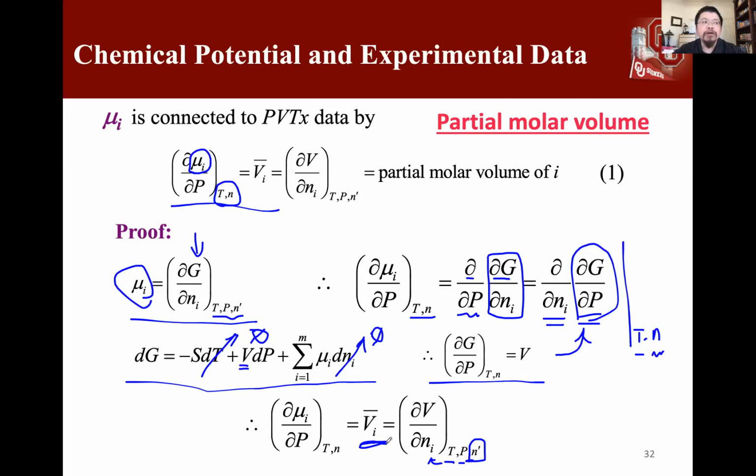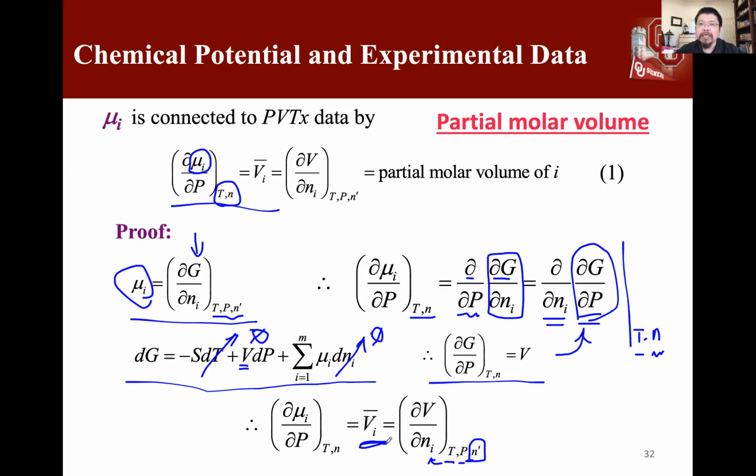So what's the point of having this volume equation? Well, it is quite significant because now if I want to measure the chemical potential, at least I can design the experiment. I'm going to keep, for instance, one liquid and one vapor.